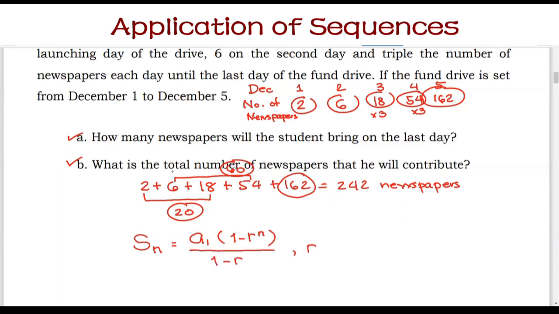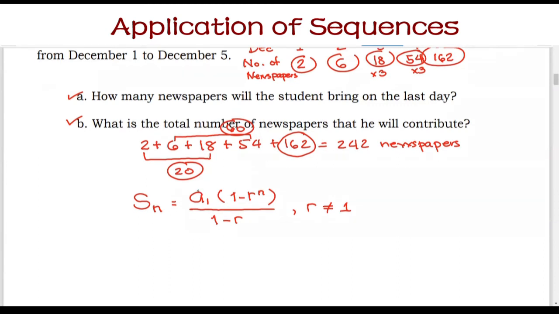Of course, r cannot be equal to 1 kasi magzi-zero ang denominator kapag ang r 1. So ang hinahanap natin dito ay sum ng 5 terms.